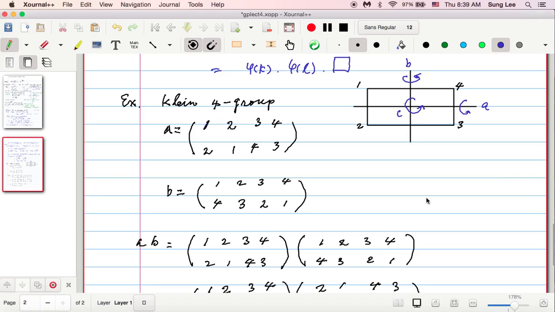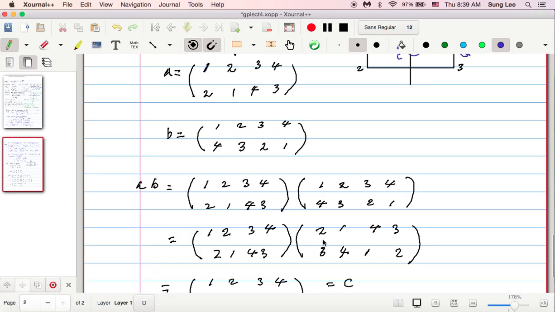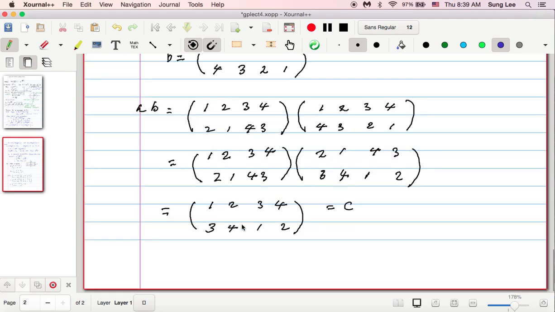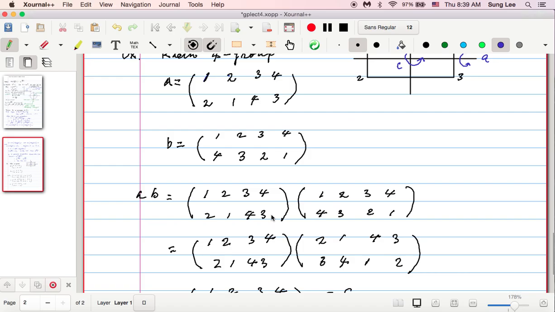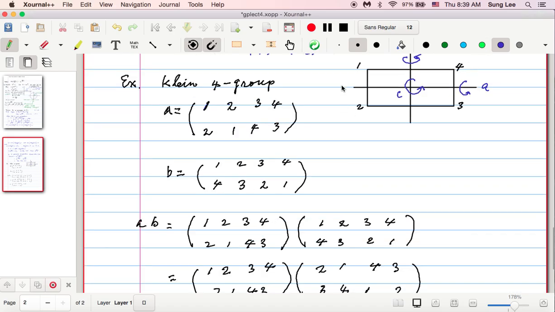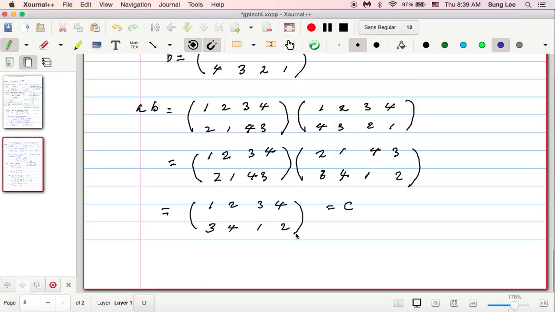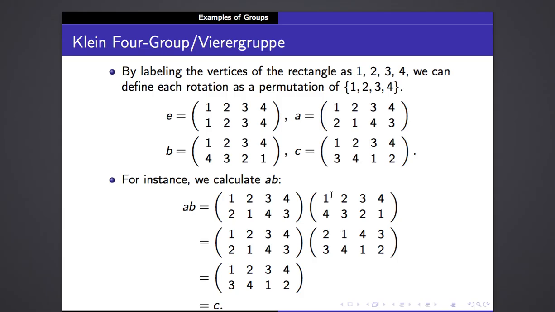No, I'm sorry, by 180 degrees, 4 goes to 2, and 2 goes to 4. 1 goes to 3, and 3 goes to 1. So 3, 4, 1, 2. That's what we have, and that equals C.